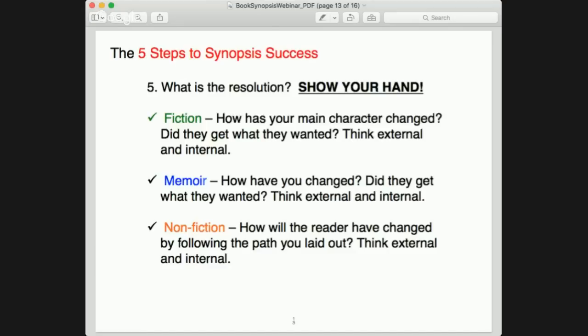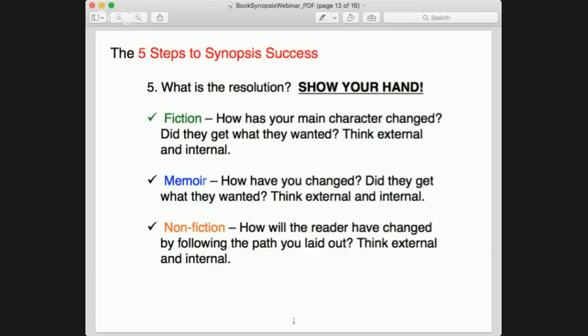When an agent or an editor is reading a synopsis, they want to know exactly what happens. This is not the time to be coy. This is not the time to say, well, it's going to ruin the surprise if they know what happens. Don't do that. You absolutely want to put on the page what the resolution is.